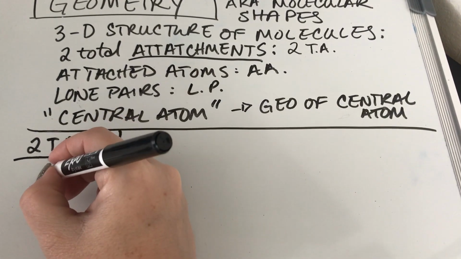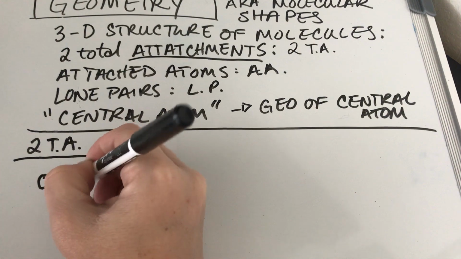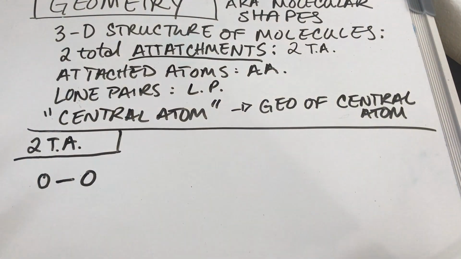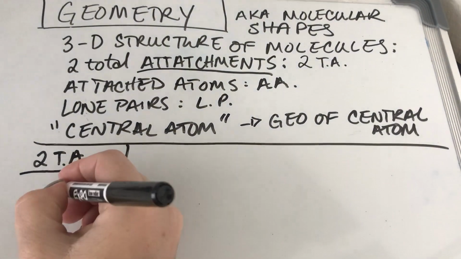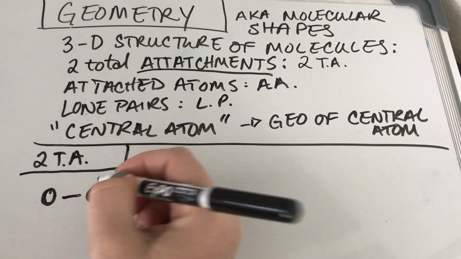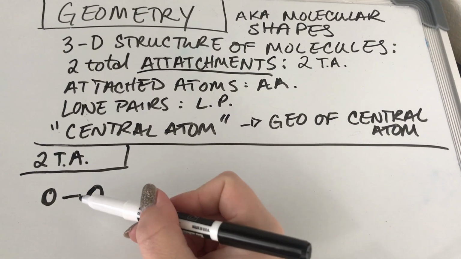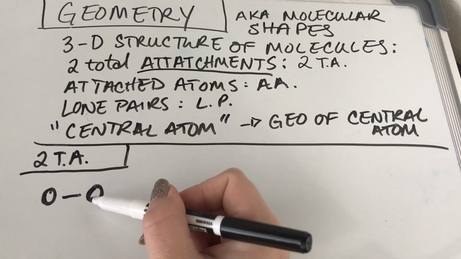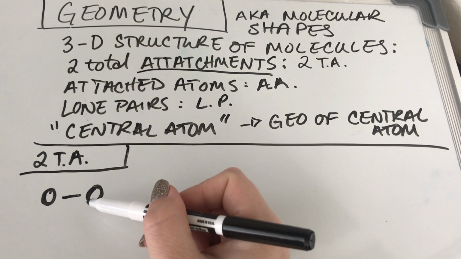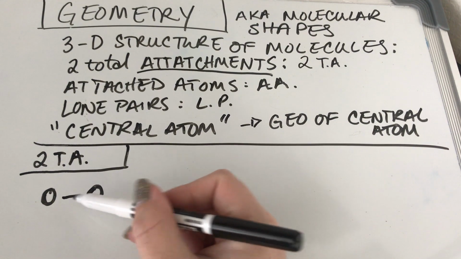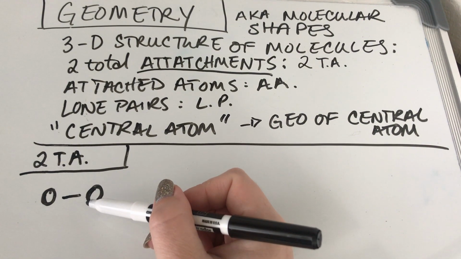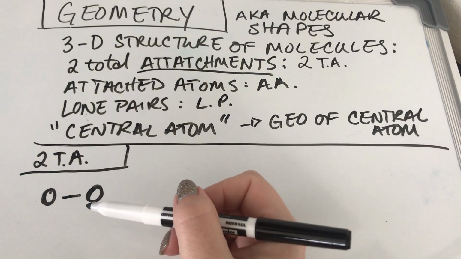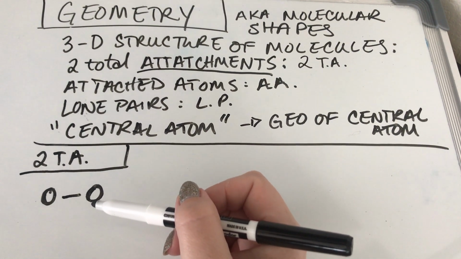And that molecule would look like this. So here I have an example where I have 2 atoms attached to each other, right? Is there really a central atom involved in this shape? No, not really, because there's only 2 atoms, so talking about the central atom doesn't really make sense. But this is the language that you guys will see, so I just want to make sure that you guys are comfortable with that, right?